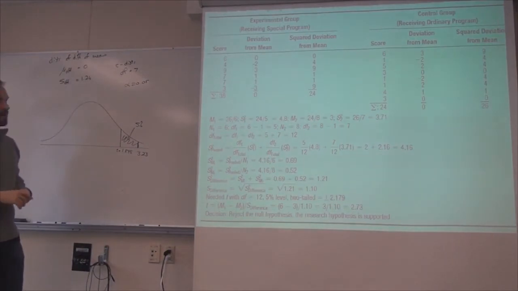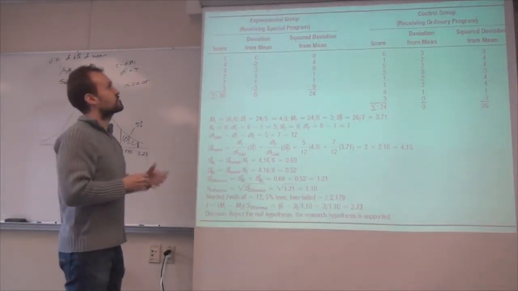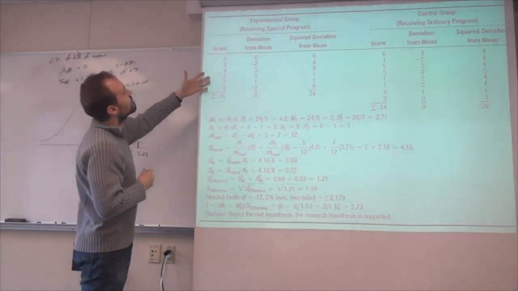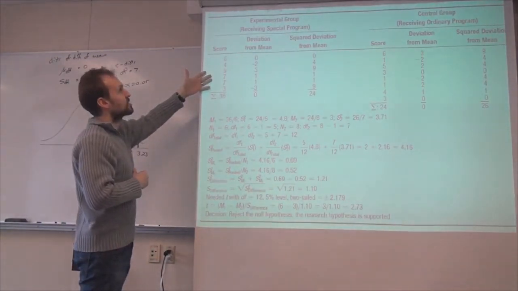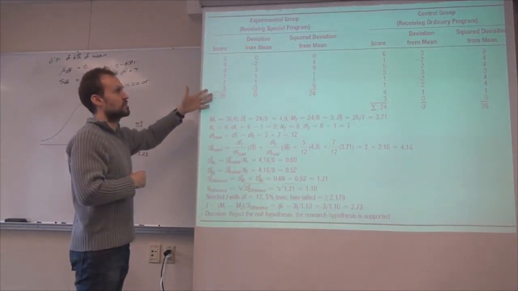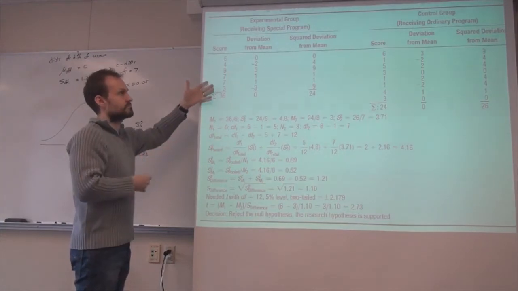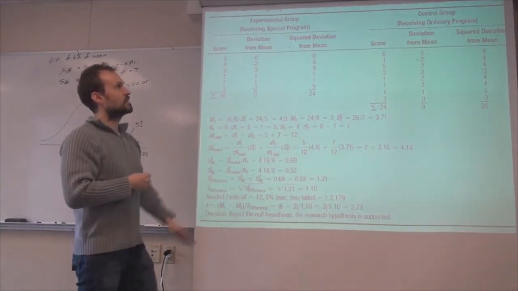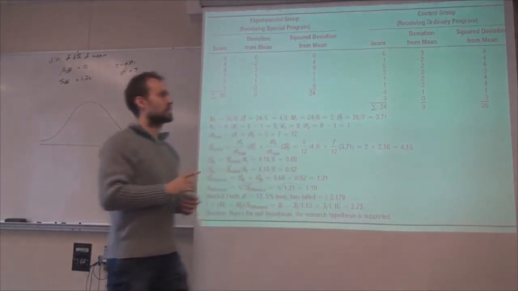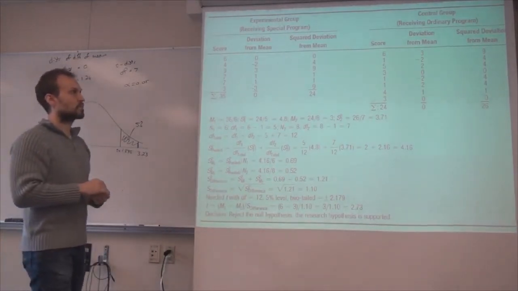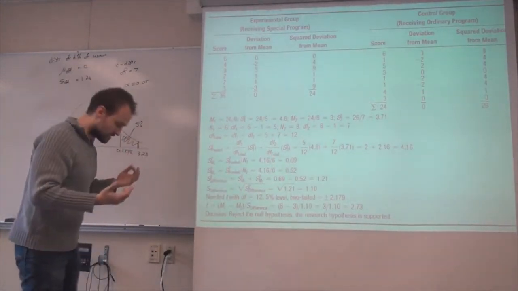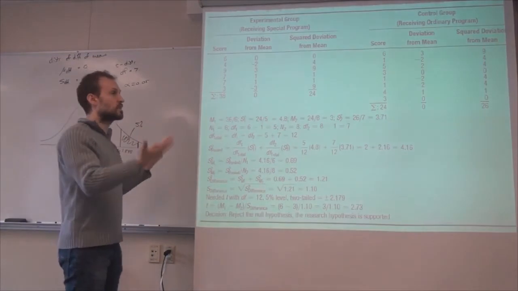All right. So I have 2 samples. I have those receiving the special program, and they score according to some scoring system. And then those that just have an ordinary job training program. Different sample size, independent, different people.